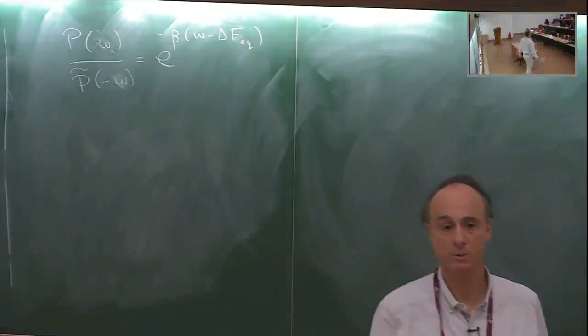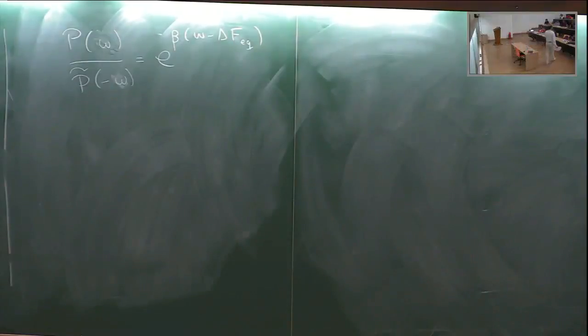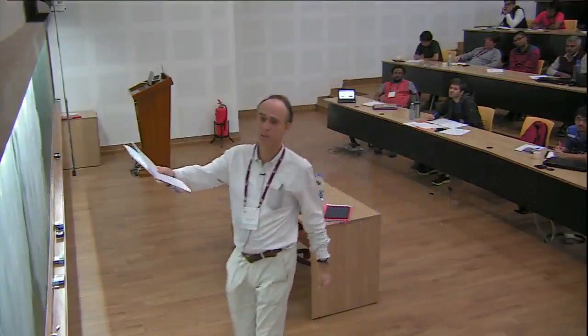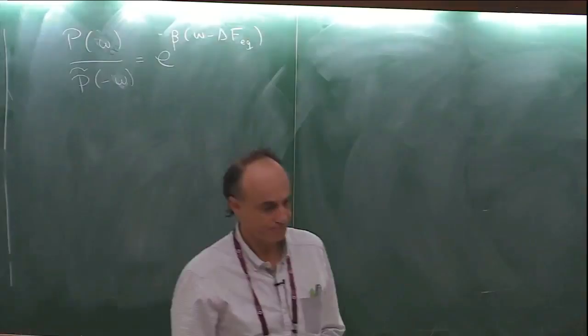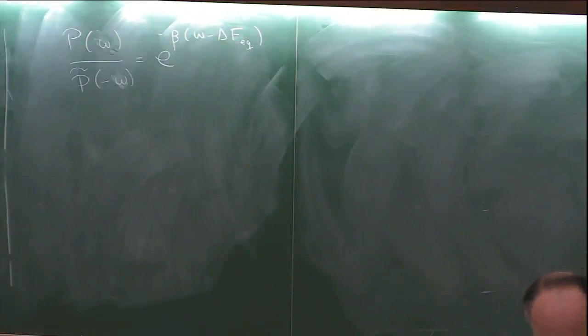This is for trajectories. I don't know if everybody's familiar with Crooks theorem and fluctuation theorems. If not, well, this is the result. This is the usual way of expressing the Crooks theorem, but this is more general. And this has been applied many times.